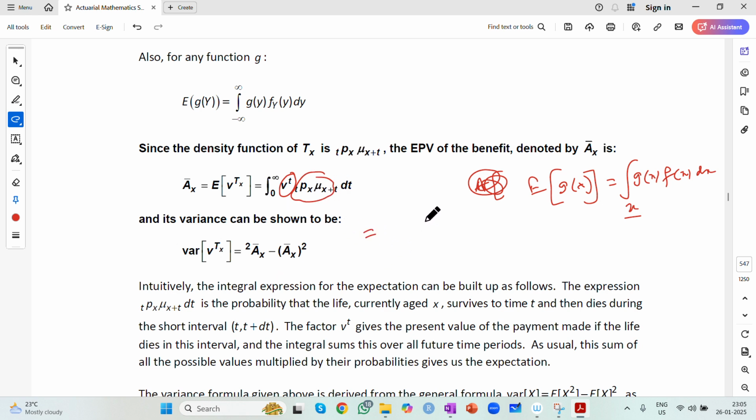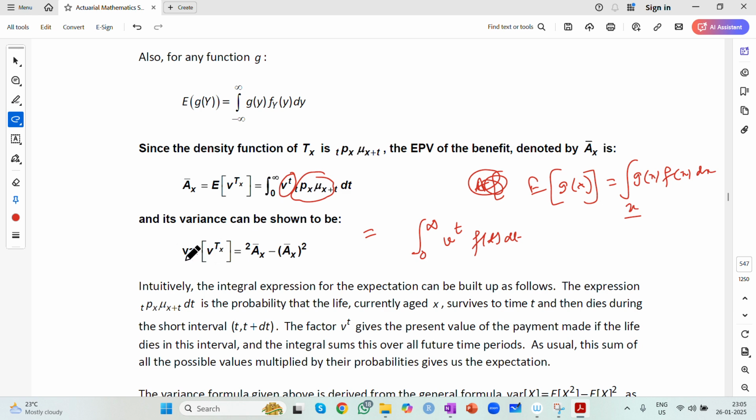So basically this is the integration from 0 to infinity of v^t f(t) dt, and f(t) dt is tp_x times mu_{x+t}. The random variable function here is v^{T_x}, and its expectation is this into this.